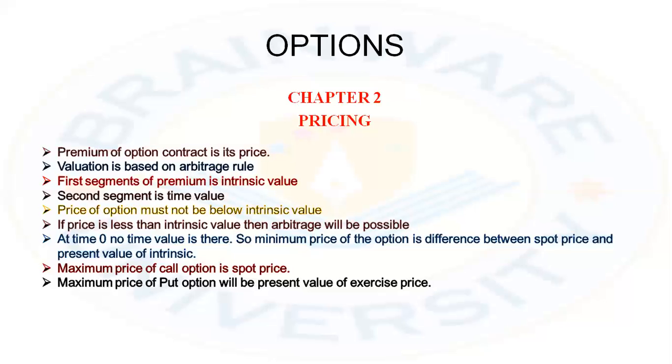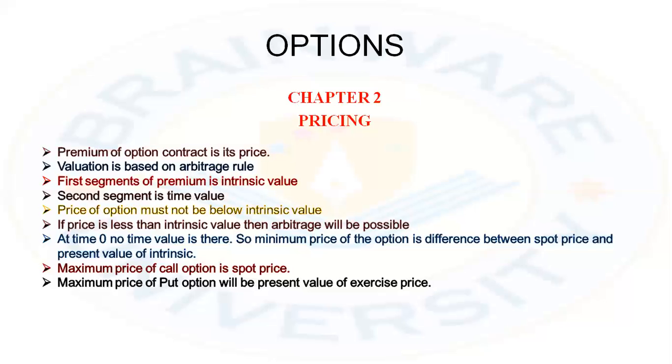Now, the next point is that the price of the option must not be below the intrinsic value, which we have already explained. And the argument is that time value can be zero, but intrinsic value must be recovered. So the writer will never claim any premium below intrinsic value. In that case, surely he will suffer loss, which he will not do.